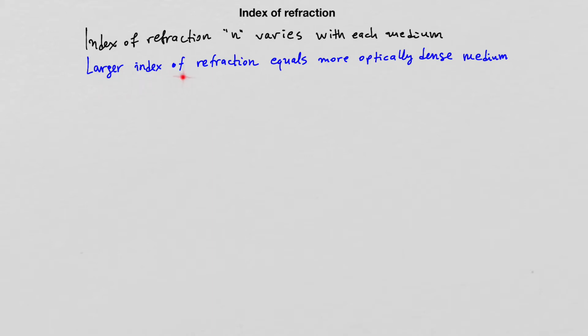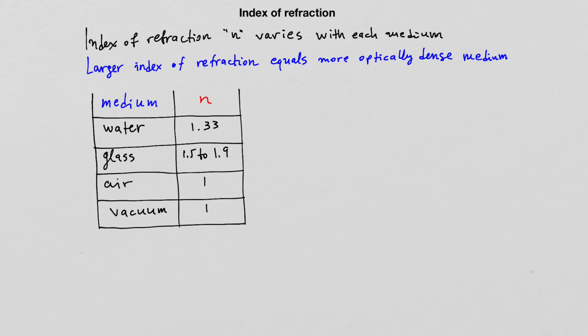The extent to which light bends in the second medium is determined by the optical properties of that medium. The index of refraction determines the amount of bending of light. So the index of refraction, which we label with n, varies with each medium. Larger index of refraction equals more optically dense medium.